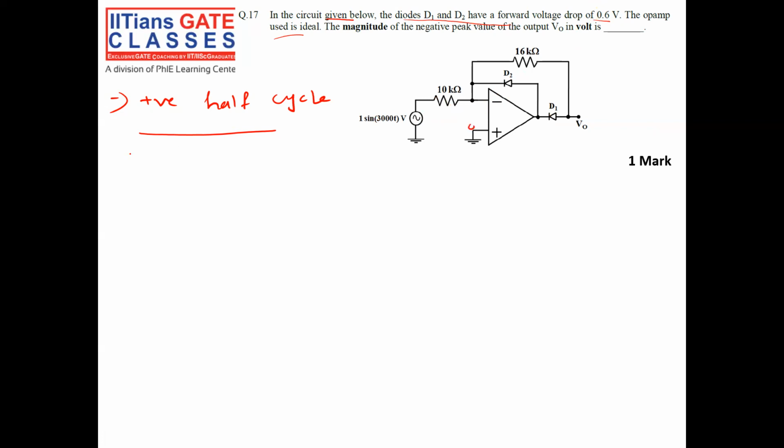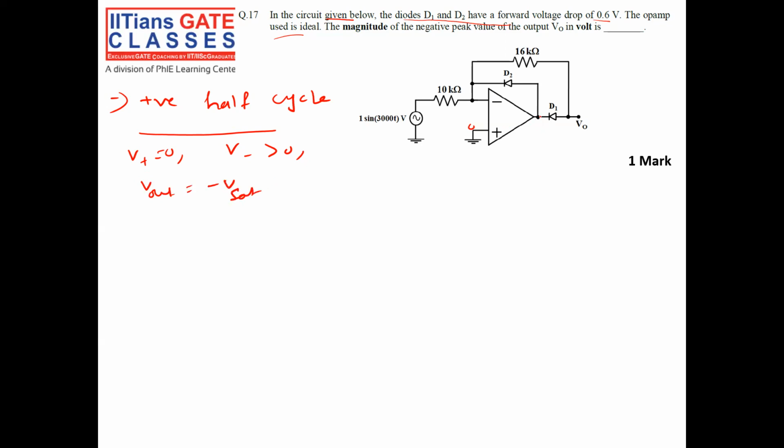So V negative is greater than 0, and since V negative is greater than V positive, my output V out will be minus V sat, right?